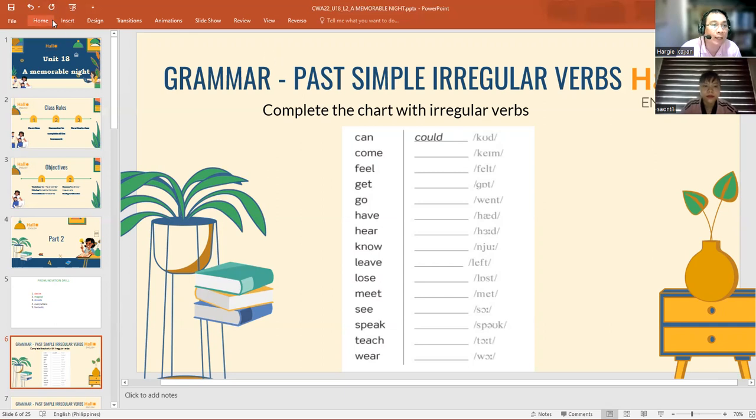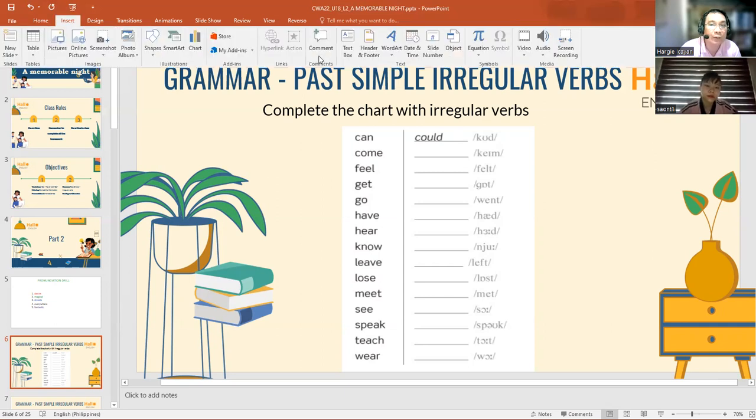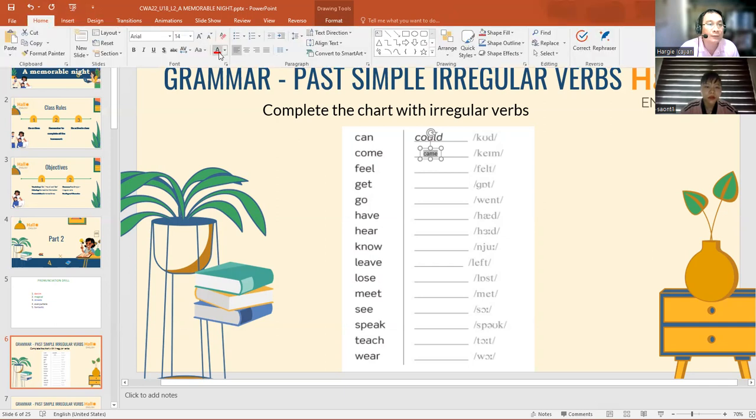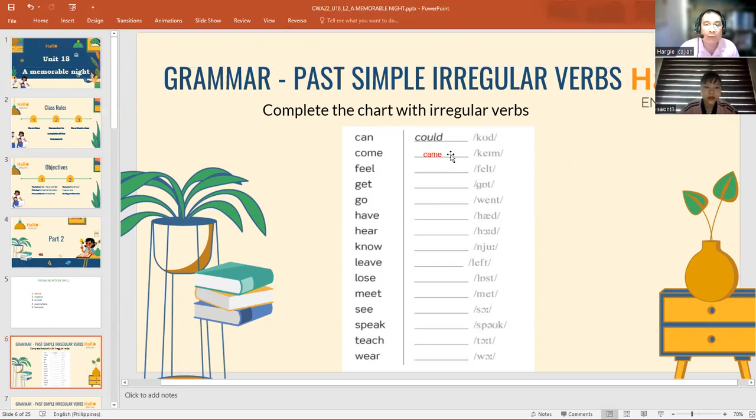So that would be came. Next, what about the next one, Sao? Felt. Okay, that will be felt. Next, get, got. We already said that one a while ago.